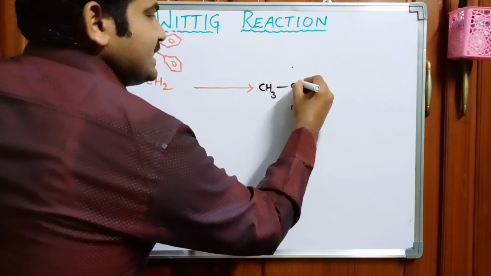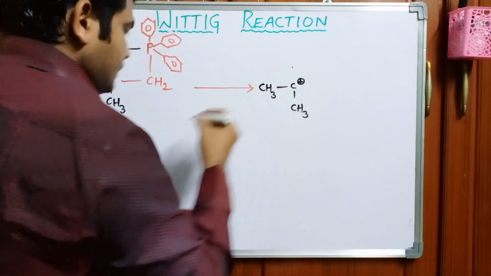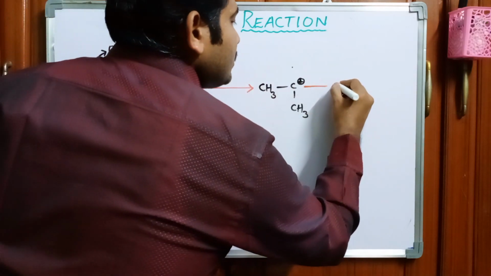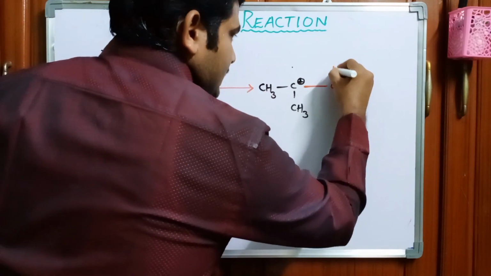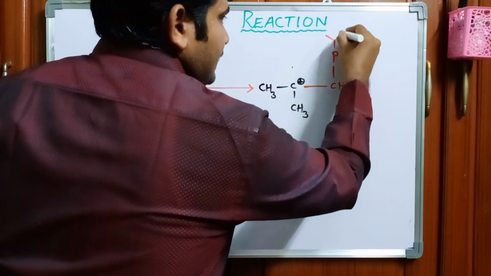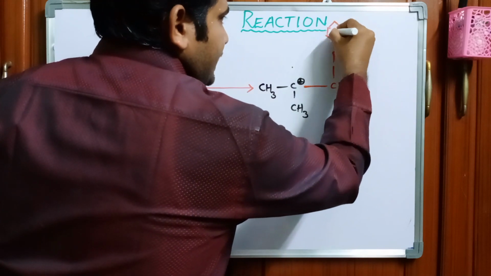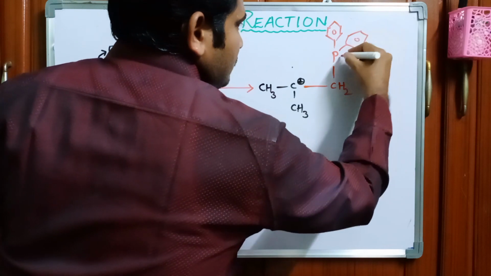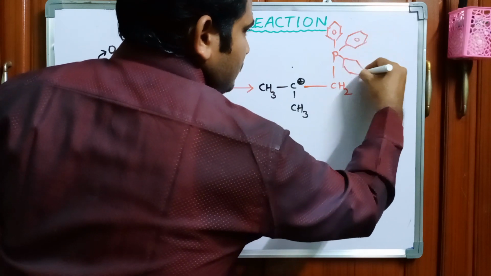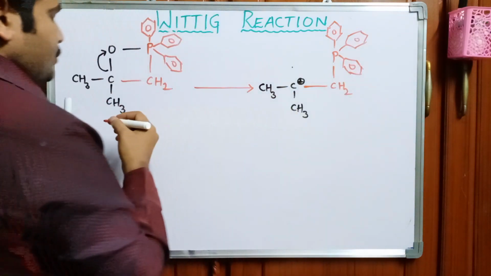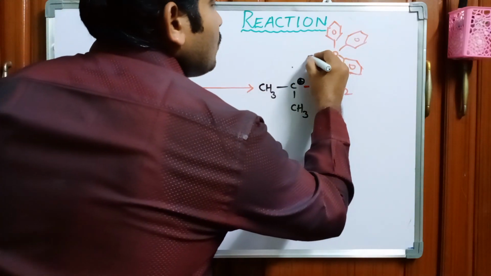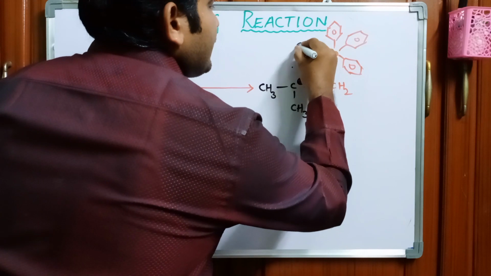So here the charge is positive. It already made a bond with whom? CH2, P, triphenyl substituted. Am I right?